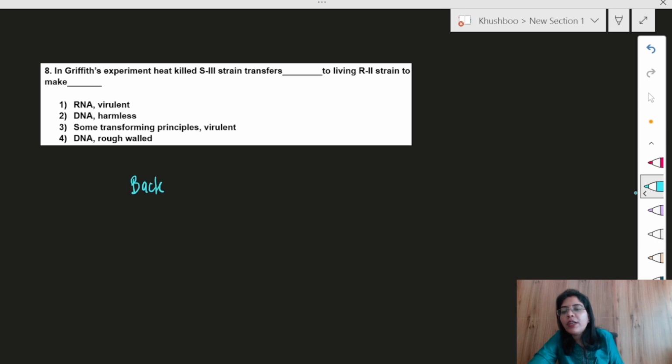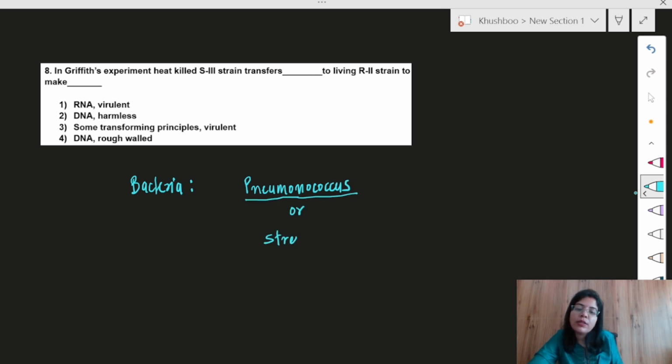What is the name of that bacterium? The bacterium he took was pneumococcus, or you can say streptococcus. In NCERT, I think streptococcus is mentioned: Streptococcus pneumoniae.